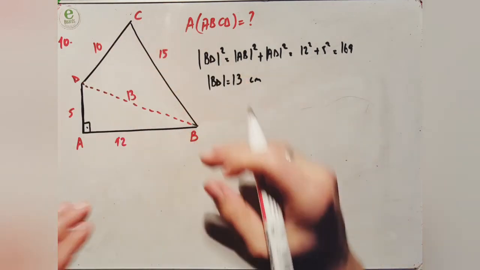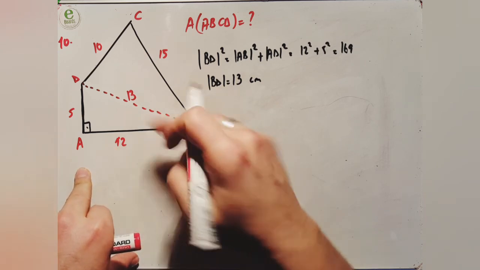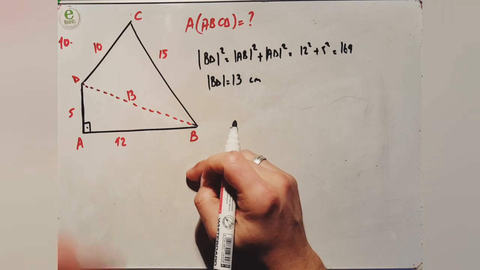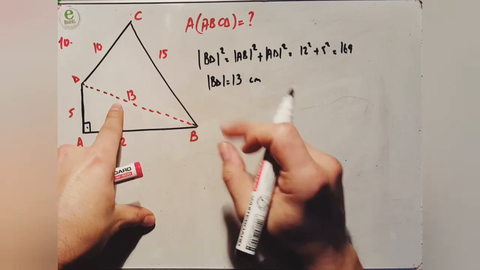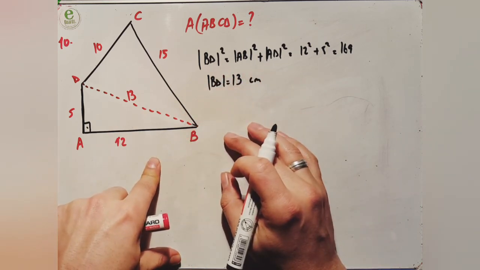The area of quadrilateral ABCD equals the sum of the areas of both triangles. So firstly we try to find the areas of the triangles. We have ABD, so we have to find the area of BCD, and to find the area of BCD we will apply Heron's formula.